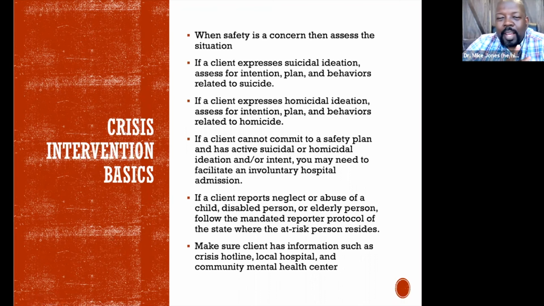So I'm going to combine two of the points on this slide because they hit some of the same points. If your client is expressing any type of suicidal or homicidal ideation, then we want to make sure we assess for any intention they may have, any plans they have, or any behaviors that could lead to them hurting themselves or hurting someone else.